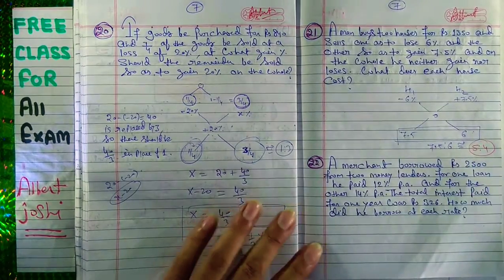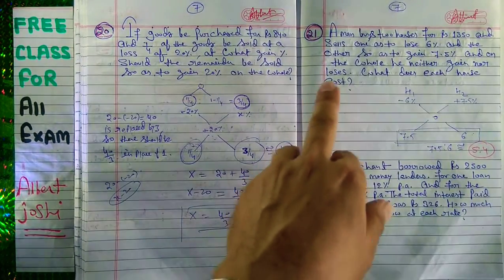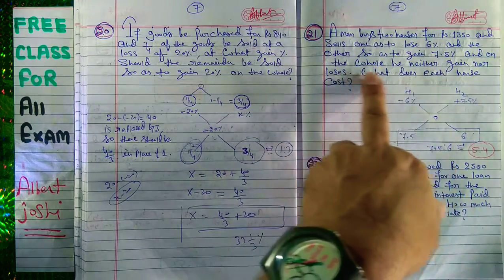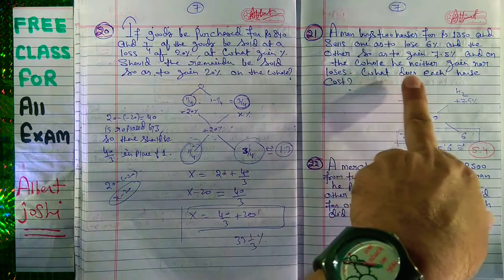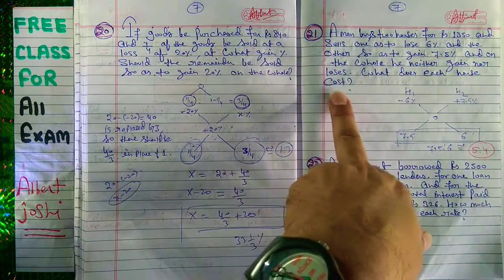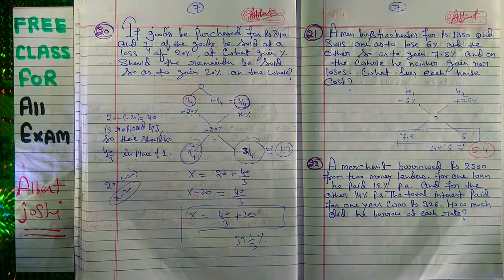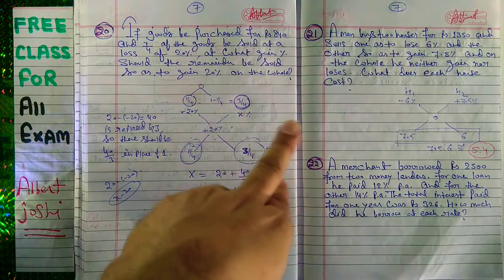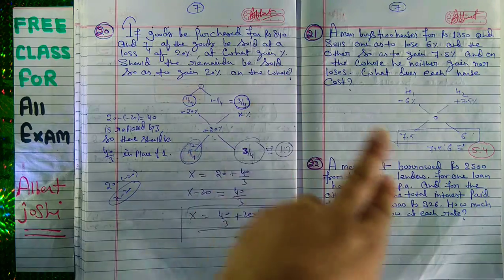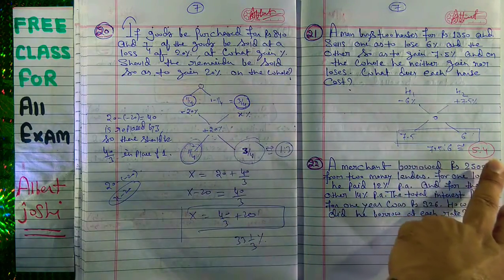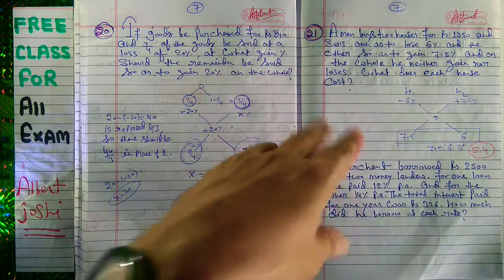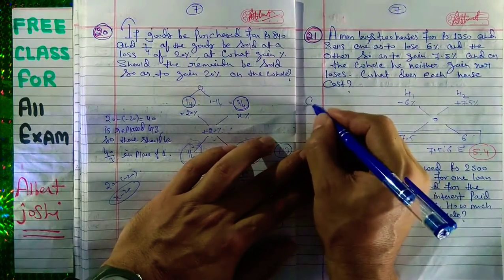He is asking, the whole has neither gain nor loss, what does each horse cost? So we see that the ratio of the cost of the 2 horses is 5:4.